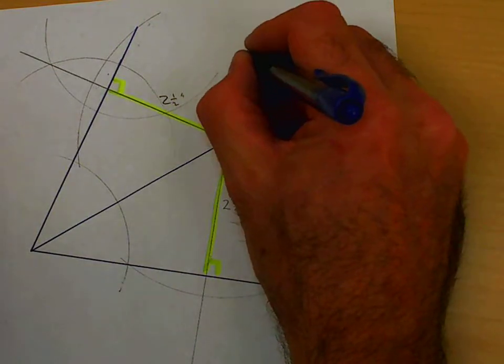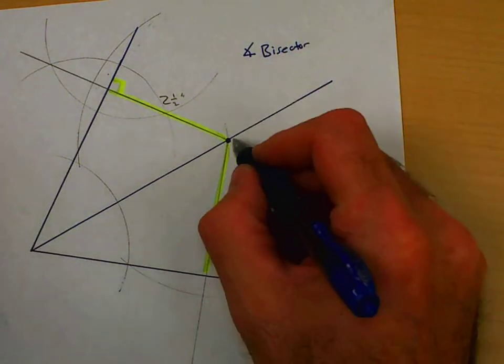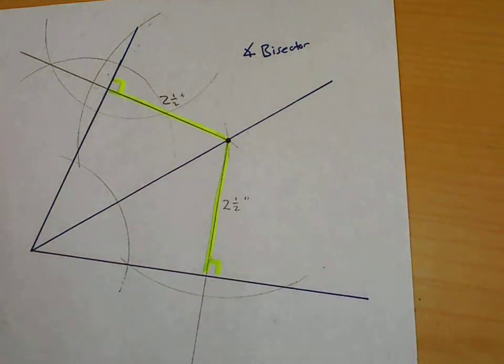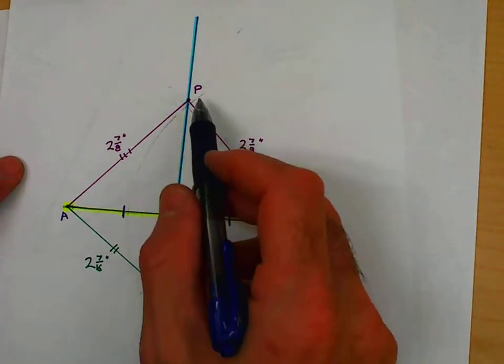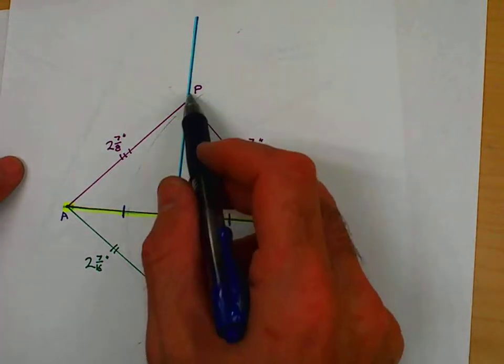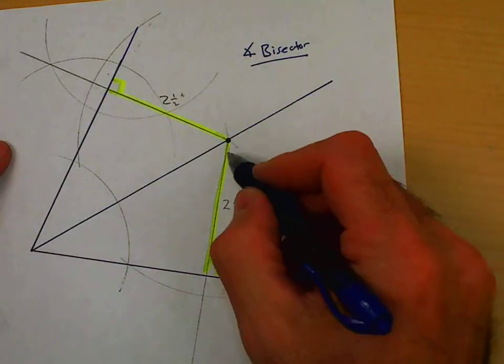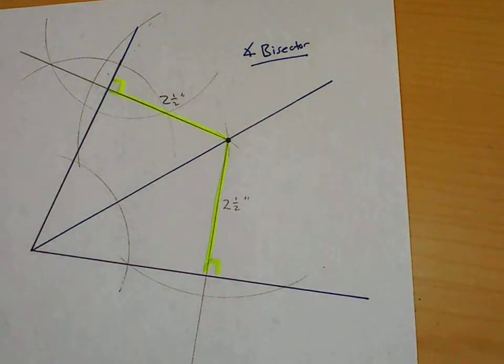We're talking about angle bisector theorem, and we're saying that this point on the angle bisector will be equidistant from the 2 sides. And that's what's happening there. Here, on the perpendicular bisector, it was equidistant from the 2 endpoints of the segment. This is equidistant from the 2 sides of the angle.